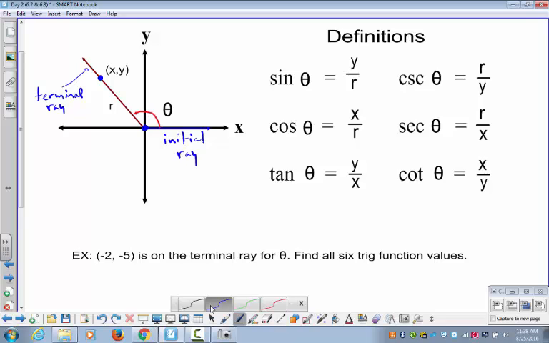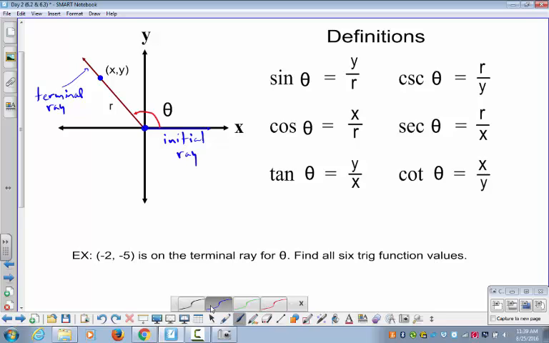Those 3 pieces of data, just like the 3 sides of a triangle, allow us to form ratios. Those ratios will match the original ratios, opposite over adjacent and so on, if we had a terminal ray in quadrant 1, an acute angle.